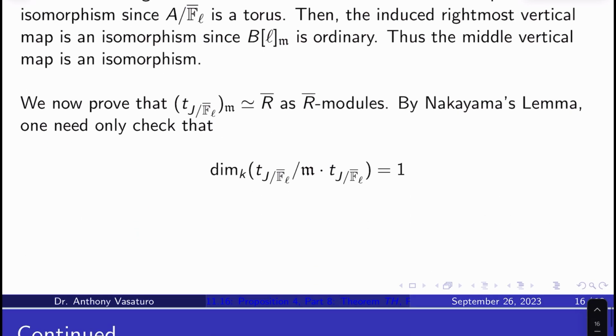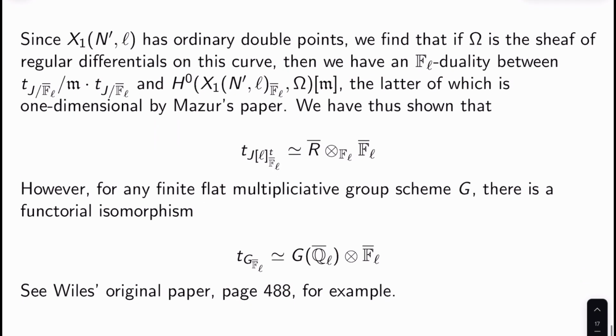We now have to prove that T_J over F̄_ℓ localized at 𝔪 is isomorphic to R̄ as R̄-modules. By Nakayama's lemma, to prove this, we only need to check that the k-dimension of T_J over F̄_ℓ mod 𝔪 times T_J over F̄_ℓ is 1. So how do we prove that?